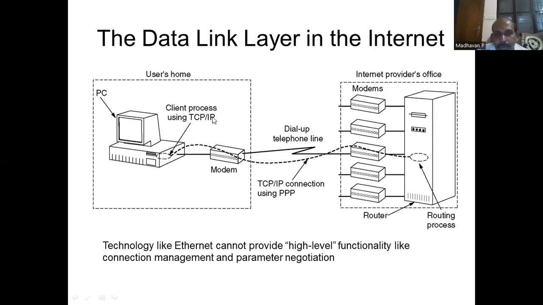In between the home network and the remote office, we use a dial-up telephone line, which is used with triple P. So here we use triple P mechanisms. On the destination side, we use different routers and different modems to configure and perform the conversions.